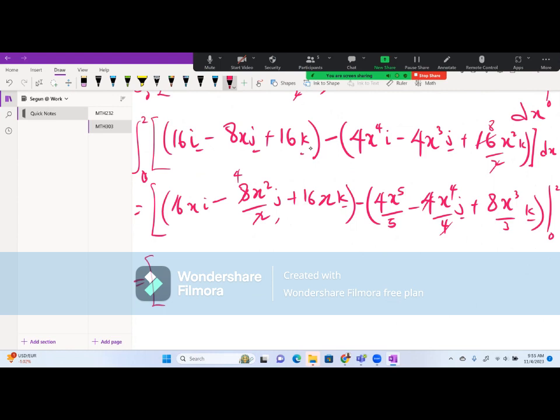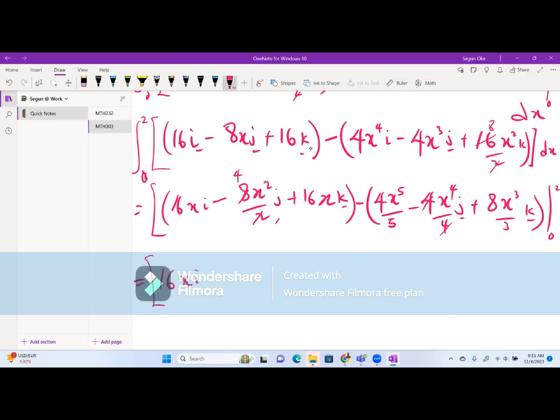So we have it to be 16x i minus 4x squared j plus 16x k, minus 4 over 5 x^5 i minus x raised to power 4 j plus 8 raised to power 3 x^3.